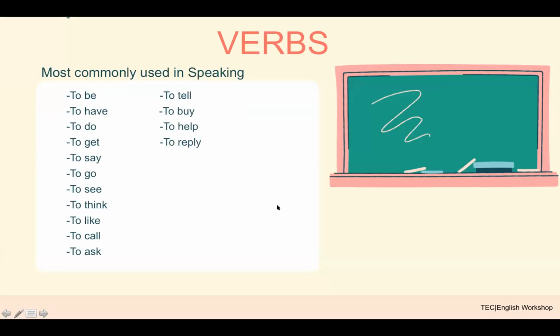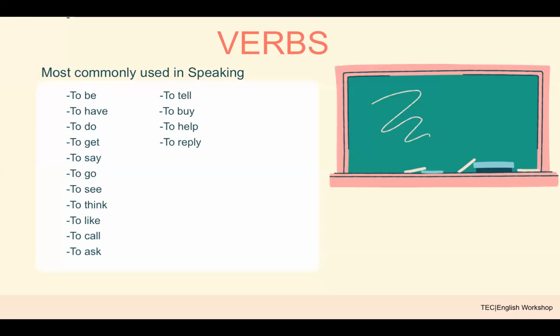Okay. We'll start with the most commonly used verbs in English. So we have to be. To be means I am, he is, you are. Okay, we call this to be. To have, and I'm sure you guys know most of these, but as a refresher. To have, I have, he has. To do, I do, he does. To get, to say, to go.